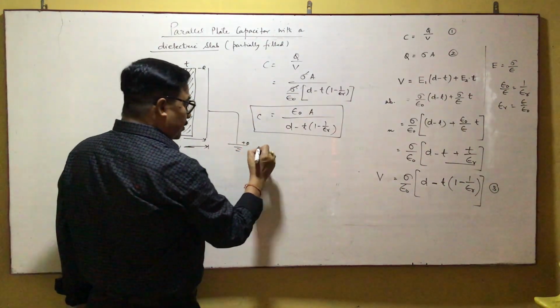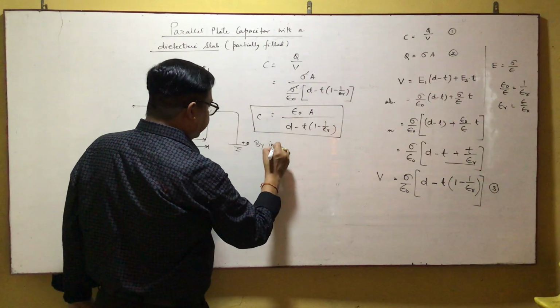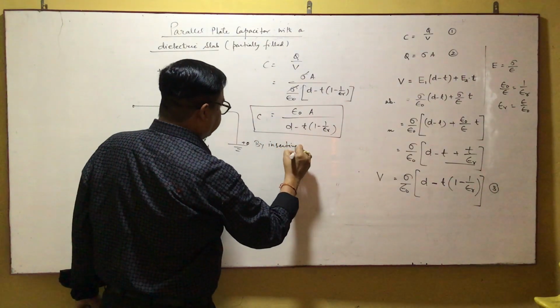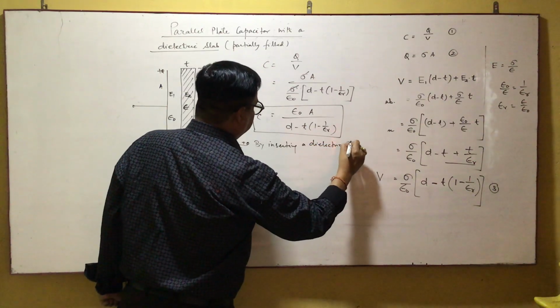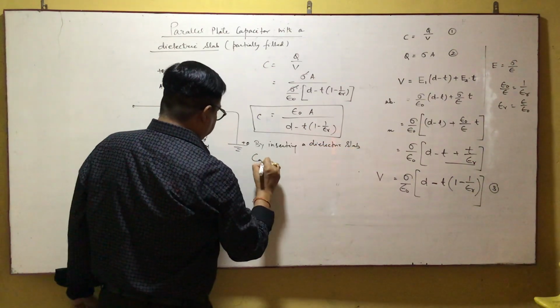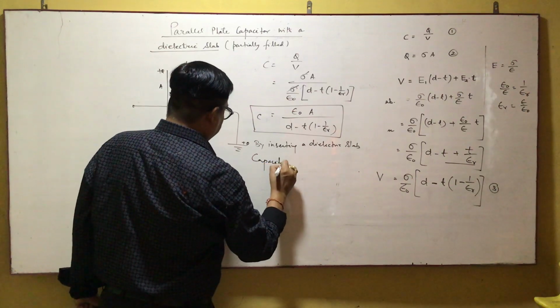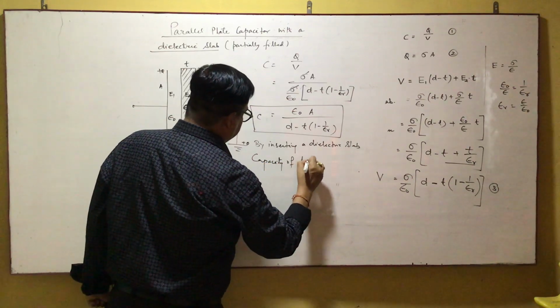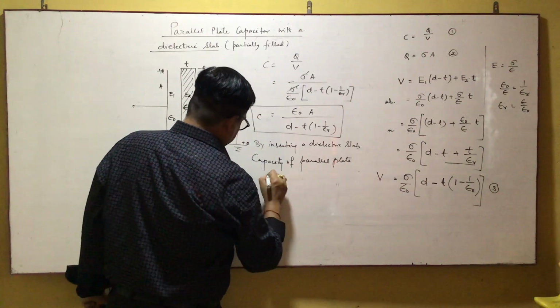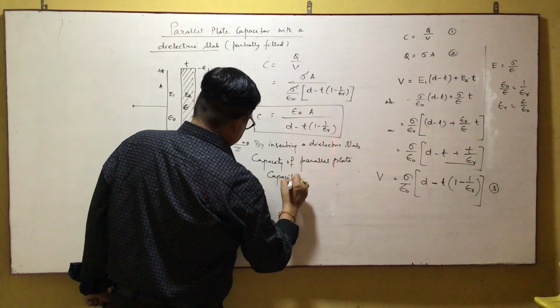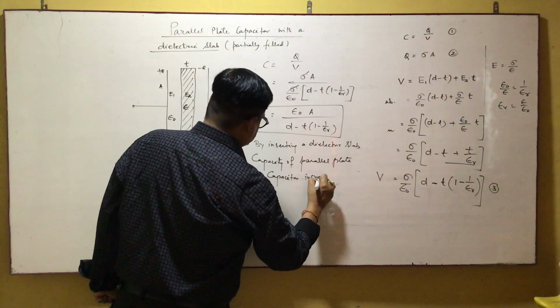So by inserting a dielectric slab, capacity of parallel plate capacitor increases.